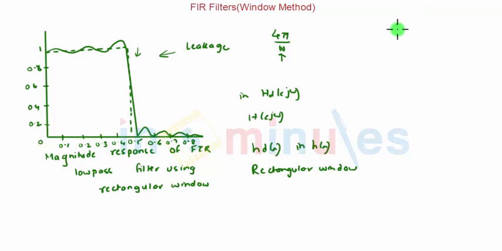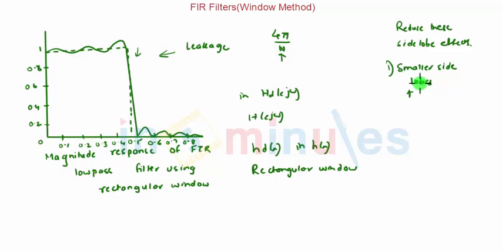Now one way to reduce these side lobe effects is to consider different window sequences having spectrum exhibiting smaller side lobes. We want smaller side lobes because the side lobes of the window spectrum W of e raised to j omega result from the contribution of high frequency components in the window sequence.